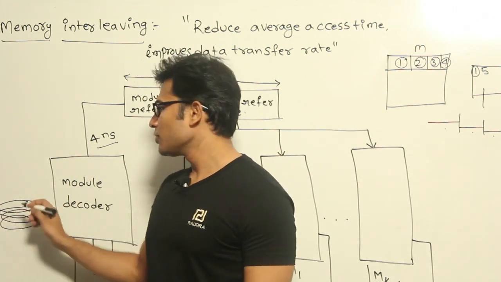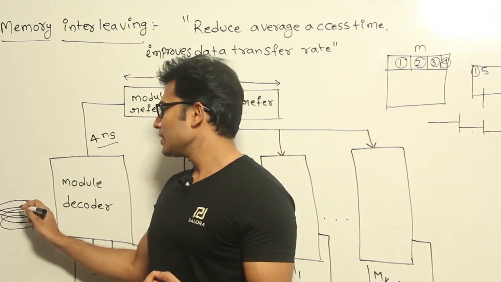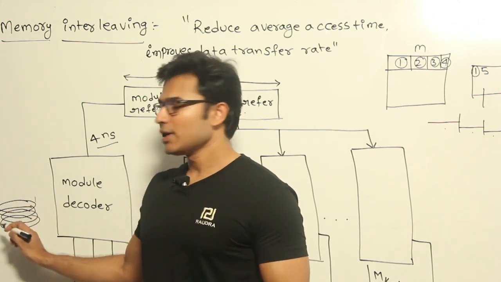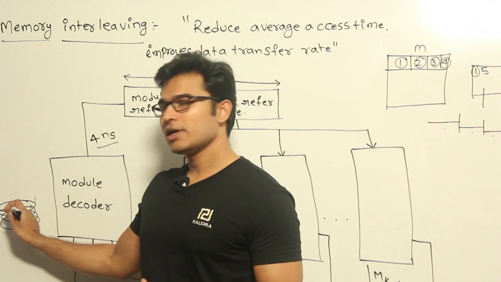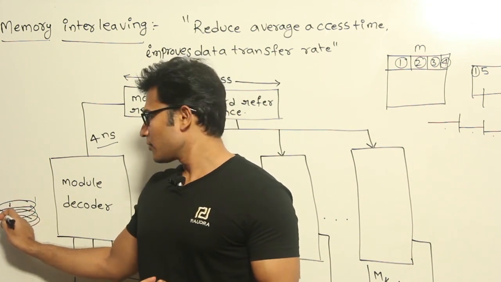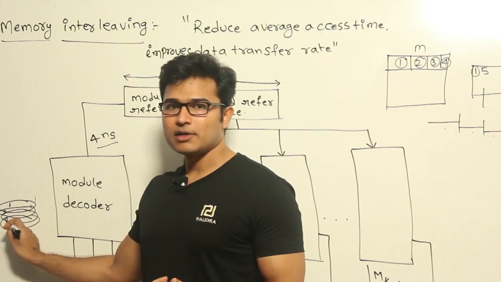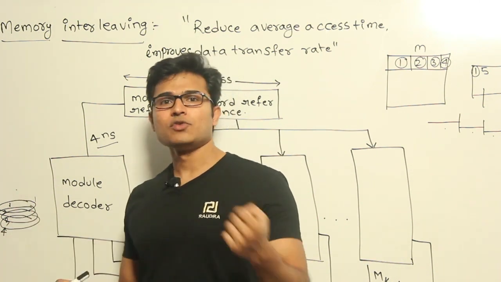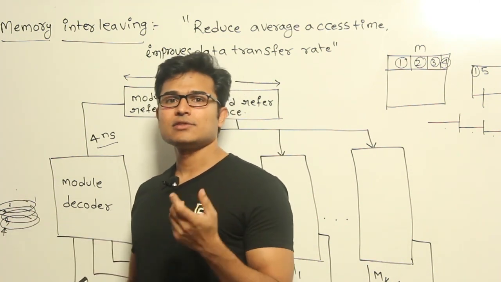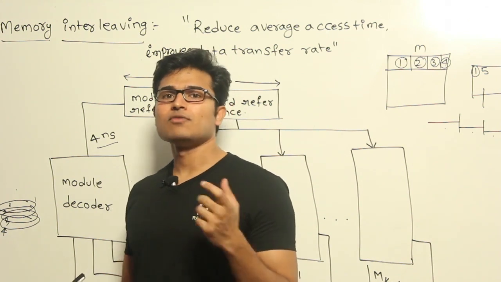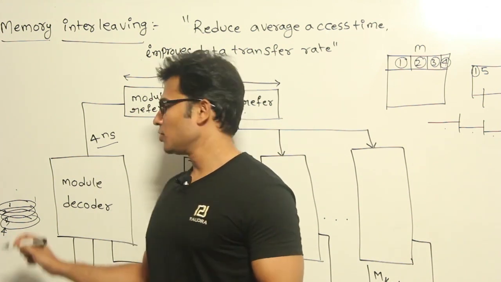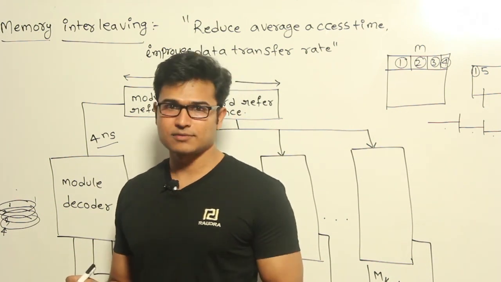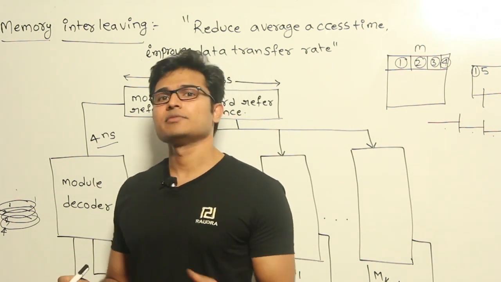Instead of putting the data from words 1 to 100 completely in one platter, we can distribute the first word on the first platter, the second word on the second platter, the third word on the third platter, and the fourth word on the fourth platter. If every platter has its own read-write head, then in the time in which you read one word from one platter, you will be able to read all 4 words from all 4 platters. Got it? So this is called memory interleaving.